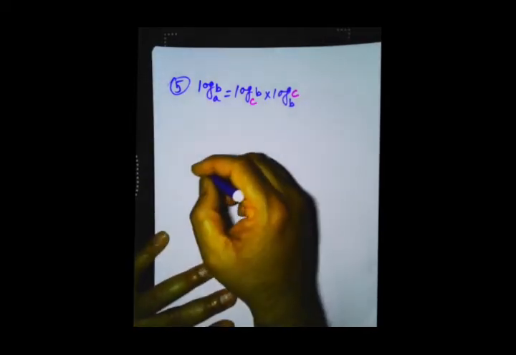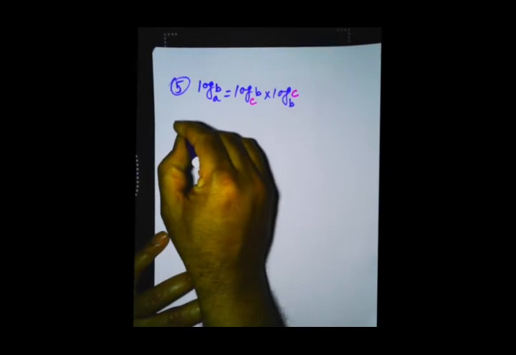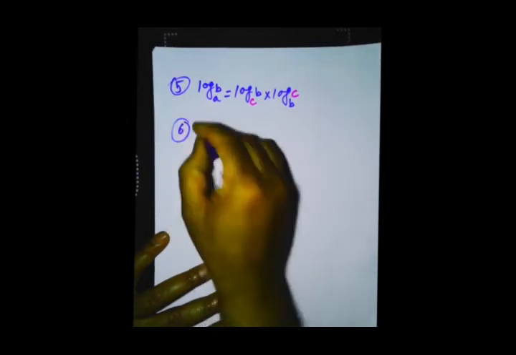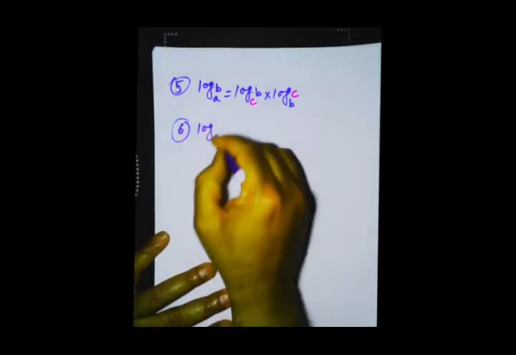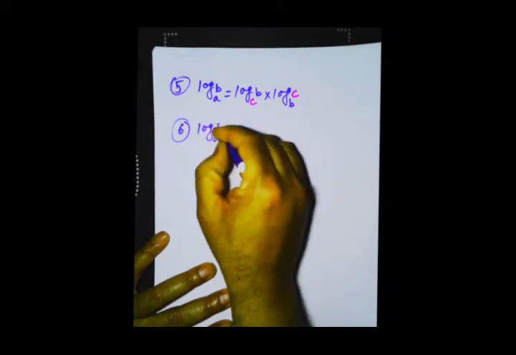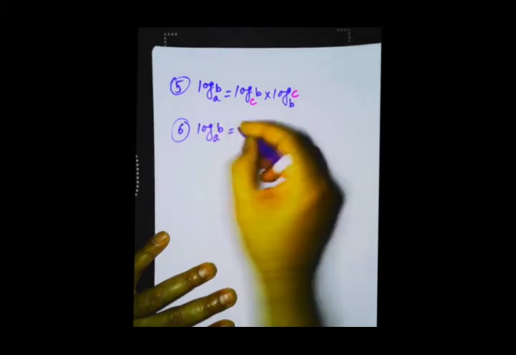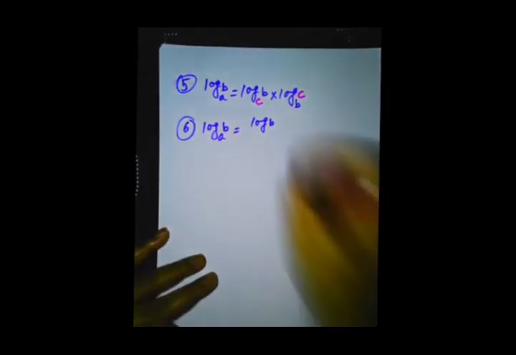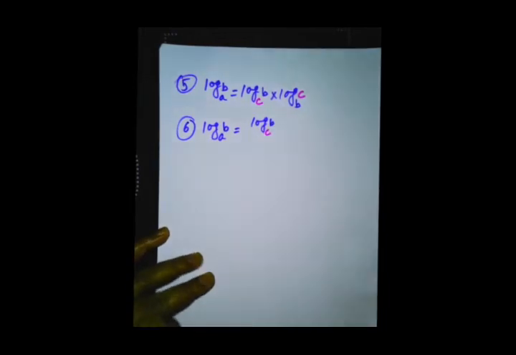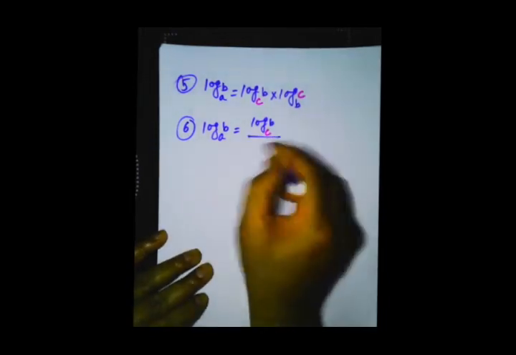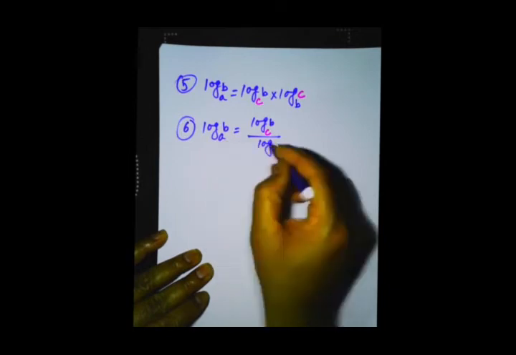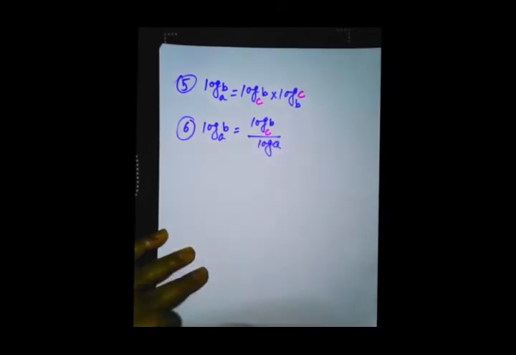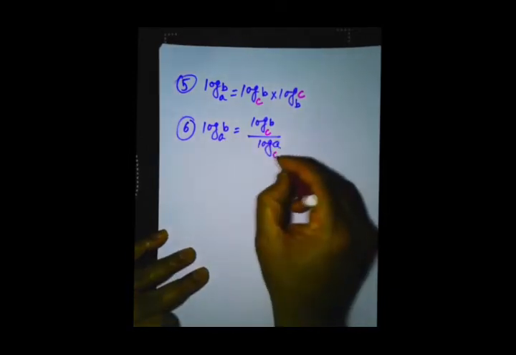And there is another law also that you can see here, like log base a of b is going to be equal to log of b, and if there is any number introduced here, it is c, and then down to that it is a, so we write log of a with the number c.